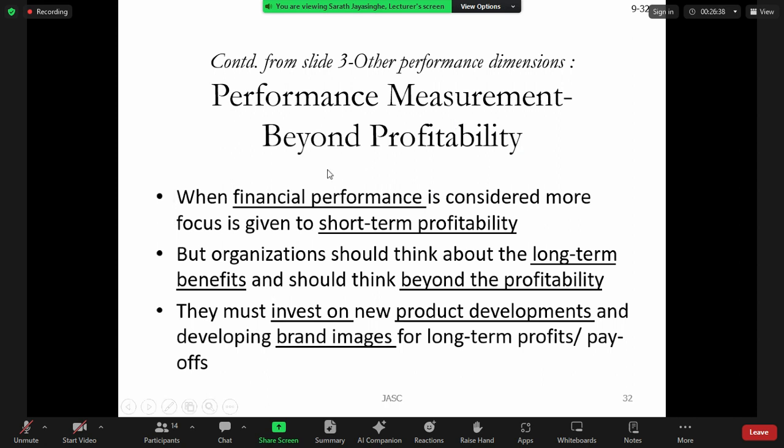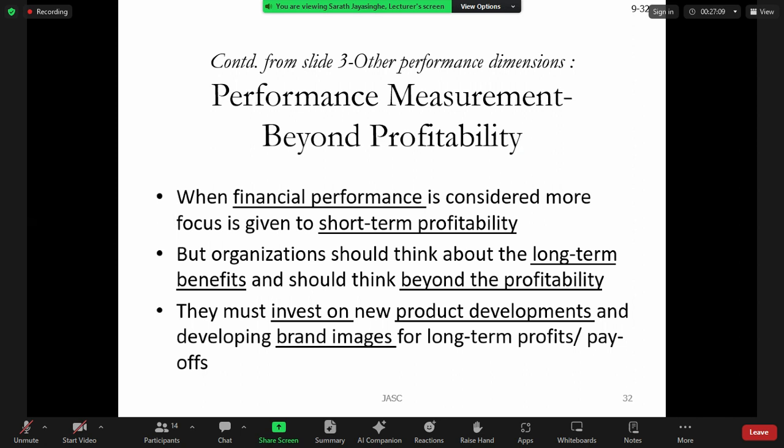Then performance measurement beyond the profitability. So you can see when financial performance is considered, more focus is given to short-term profitability, but organizations should think about the long-term benefit and should think beyond the profitability, right? Not short-term financial performance, but you have to think about the future. In marketing, we are thinking about future. Sometimes we are sacrificing a current position to get more profit in future.